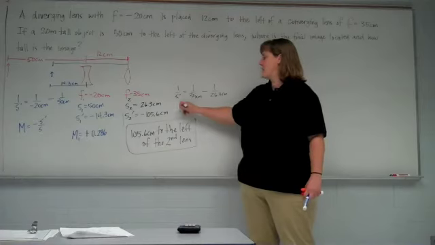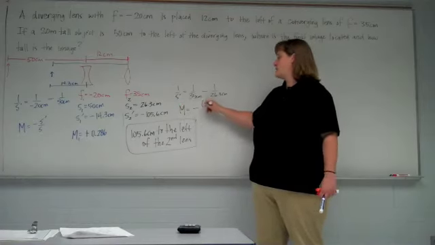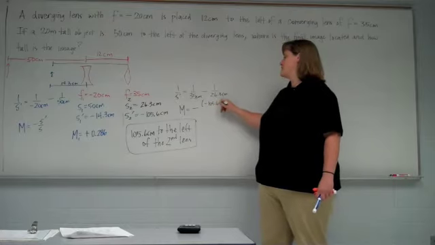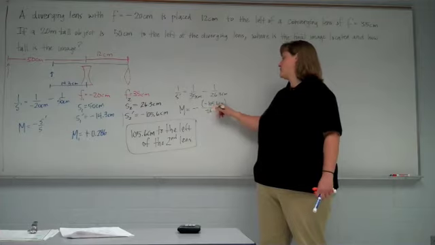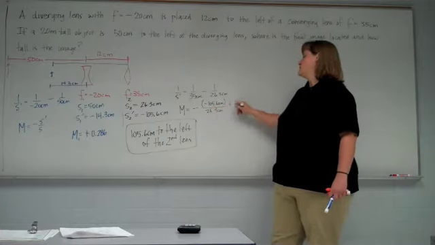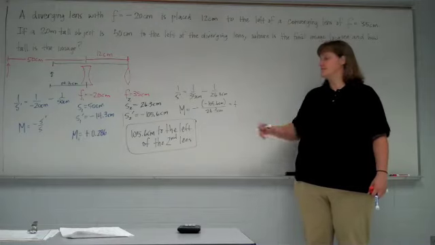Magnification. We need to know the magnification of the second lens as well. So negative S prime, which is negative 105.6 centimeters, over S, which was 26.3 centimeters, which is positive. That is 4.02.